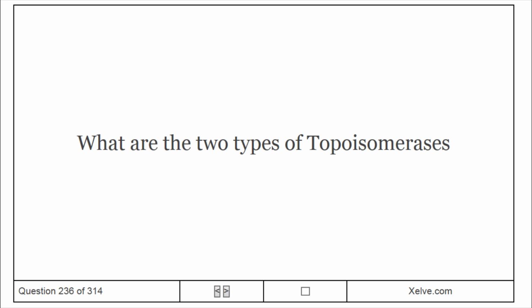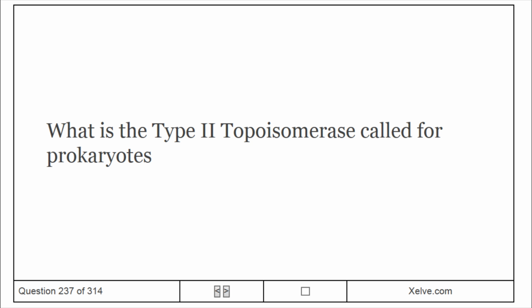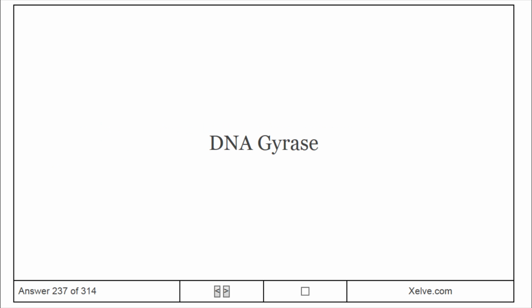What are the two types of topoisomerases? Type 1 and Type 2. What is the Type 2 topoisomerase called for prokaryotes? DNA gyrase.